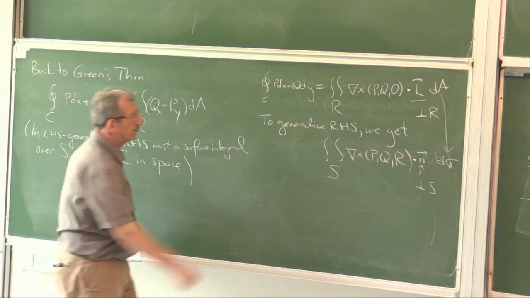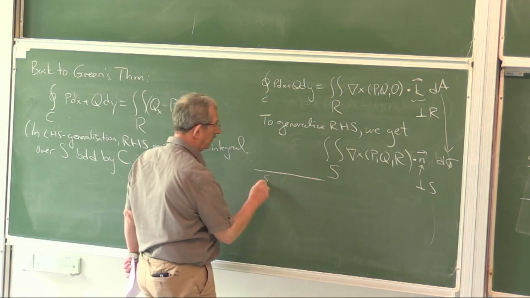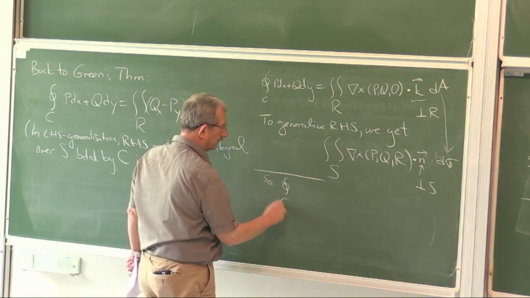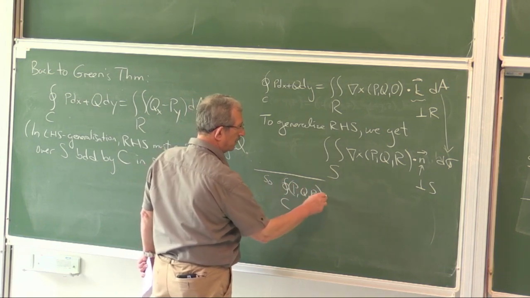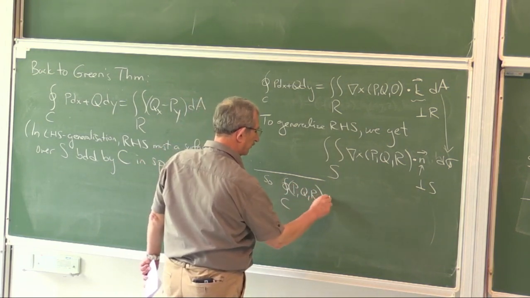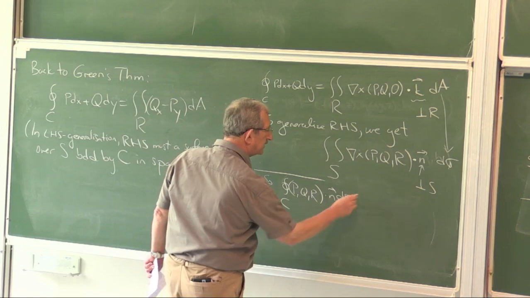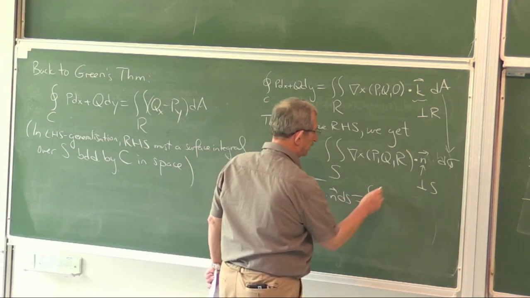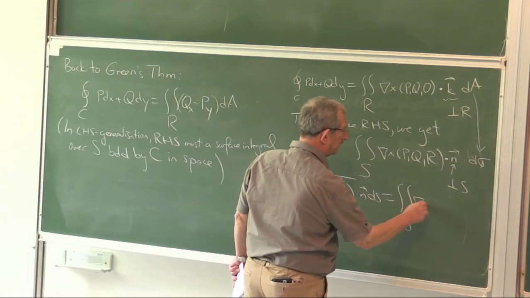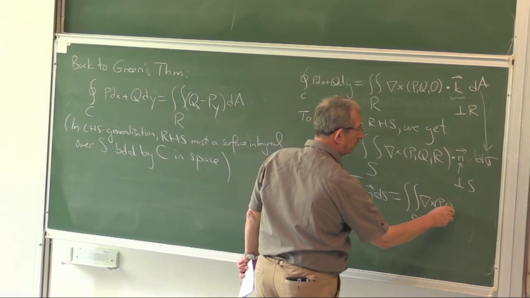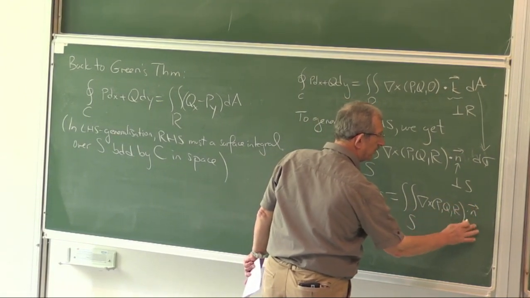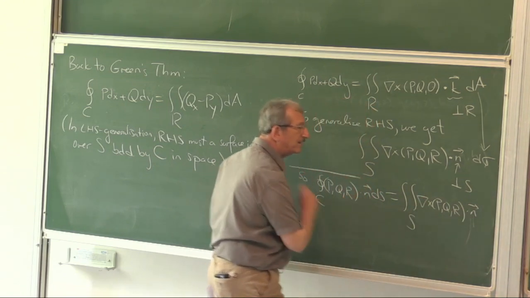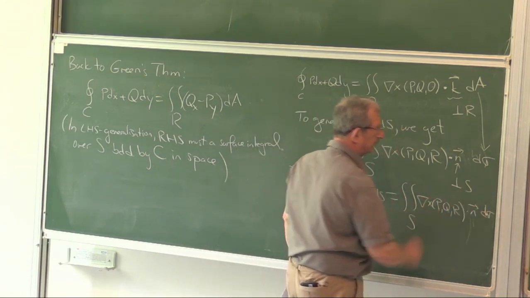So we get the following. Integral over C, PQR, dot N ds is the surface integral of del cross PQR dot N. Now this is perpendicular, but this one was parallel, dC.